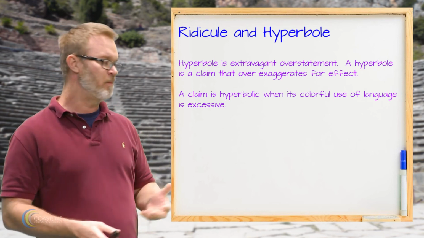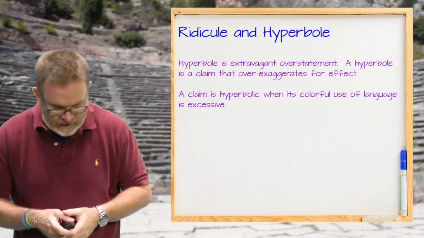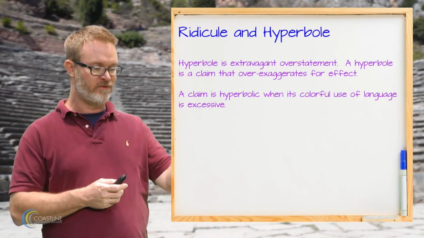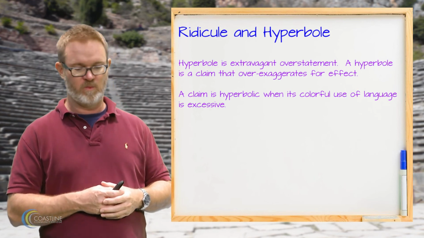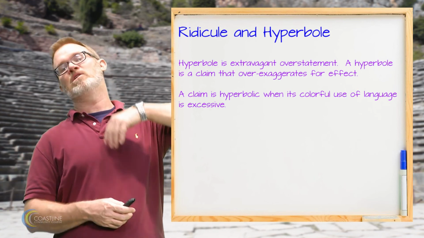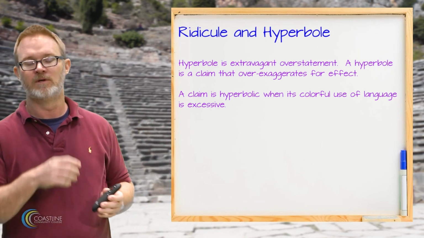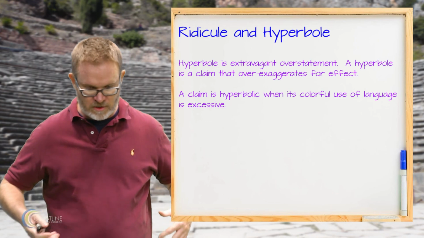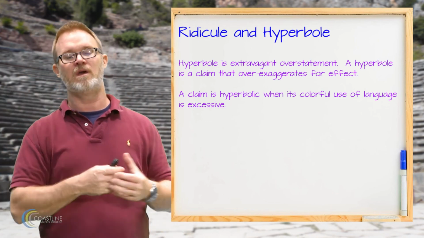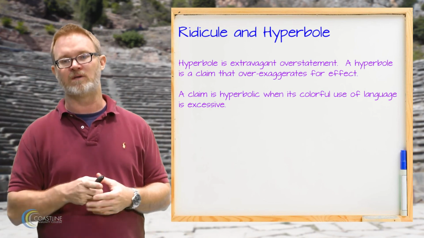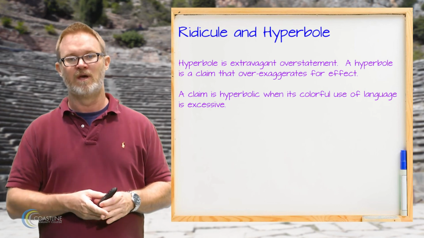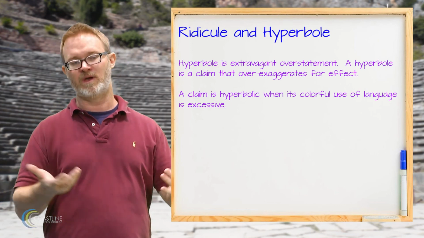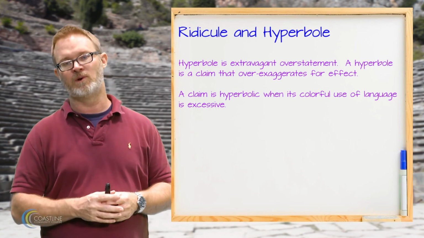So, for example, I stub my toe and I say that I'm about to die, right? Or I have a friend that's kind of annoying, and I say you're the most annoying person in the world. So these are ways to be hyperbolic, right? Just boost the effect of a claim by over-exaggerating it. A lot of times we can do that too in virtue of the way that we put things, like the sound, the tone, and so on.